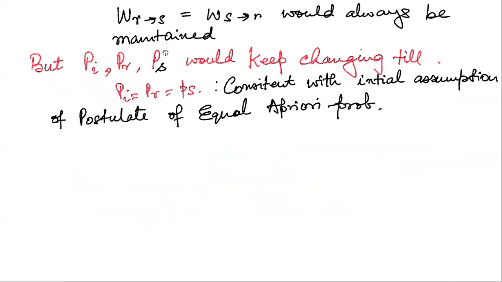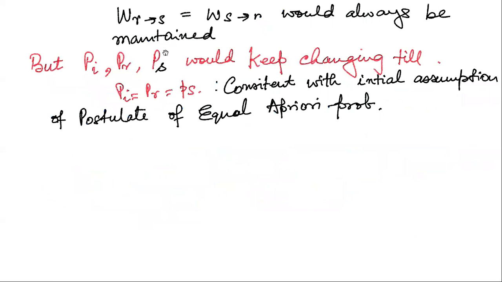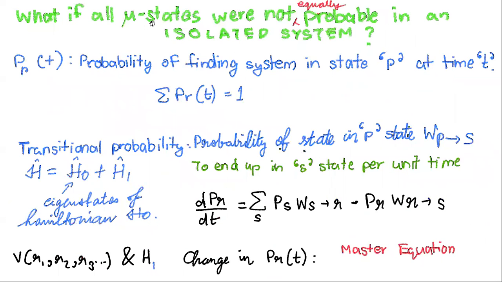Now how does one show that? I think I'm showing that in the next line. Before we give the arguments, let me tell you the primary result.